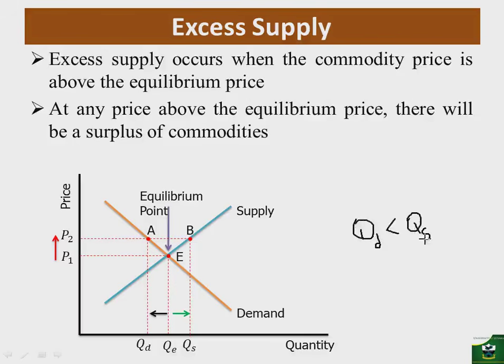And we stated that the only way equilibrium can be attained is if the quantity demanded is equal to the quantity supplied. So now that we see that this equation can't hold here, how do we attain the equilibrium? The answer is on the following graph.